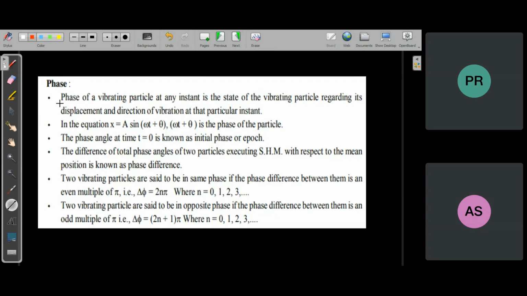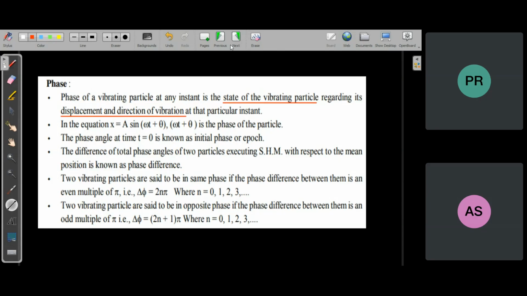So, phase of a vibrating particle at any instant is the state of the vibrating particle. Now, what is the meaning of state? State means two things. One is what is its displacement from mean position, and second is what is the direction of velocity at that instant.